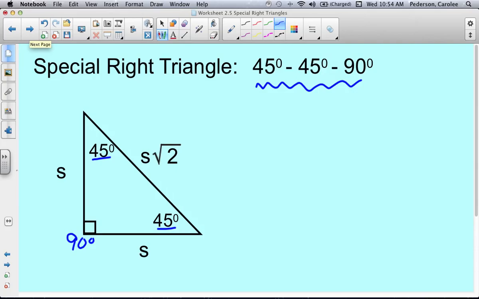Then to find the lengths of the sides of the triangle, the sides opposite 45 degrees, since the angles are congruent, the sides also have to be congruent. So those are just going to be a length of S. Then the 90 degree side, its length is S square root of 2. We do ask that you have these measurements memorized like we did in geometry.